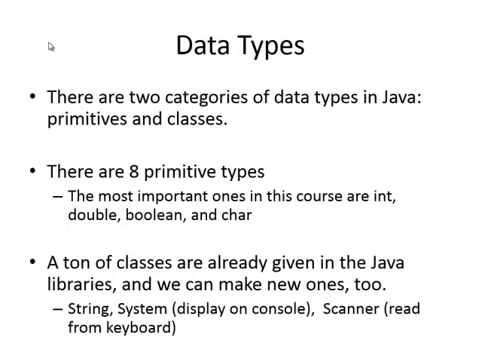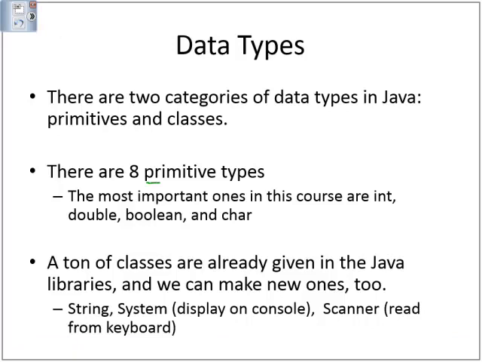There are 8 primitive types. The ones we're going to talk about tonight are called integer, whose keyword is int. So int is the keyword that you type in Java. But what an int is: it's 0, 1, 2, -1, -2. So it's the integers that you used in arithmetic.